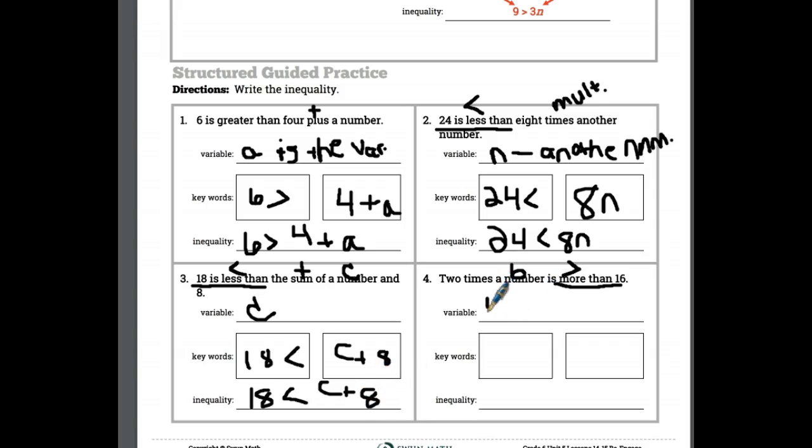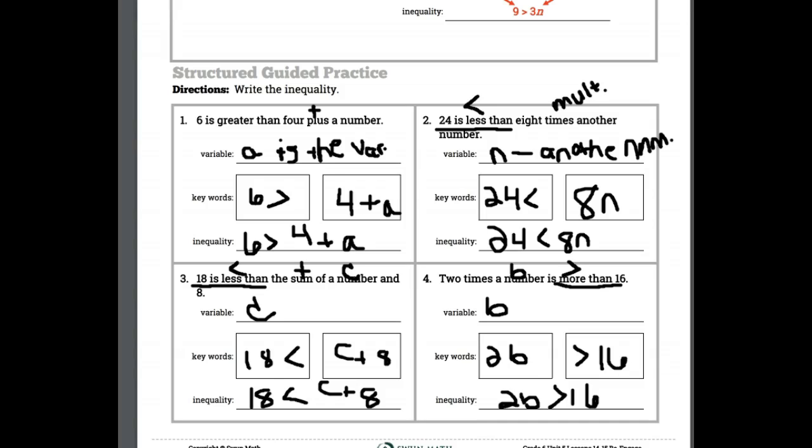And on this one, your variable was B. Your keywords, this is what you're going to put here. 2 times a number, we said that was B, is more than 16. And your inequality, 2 times B, is greater than 16. Okay?